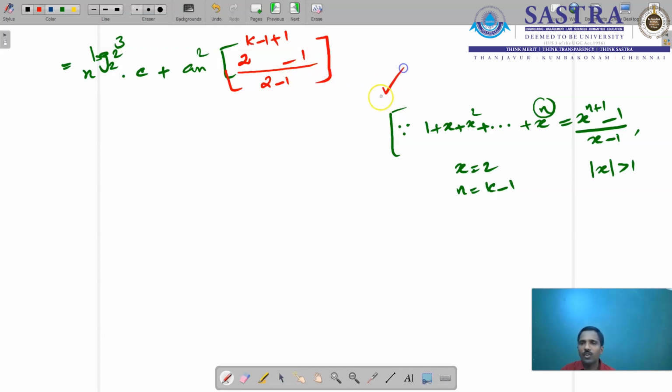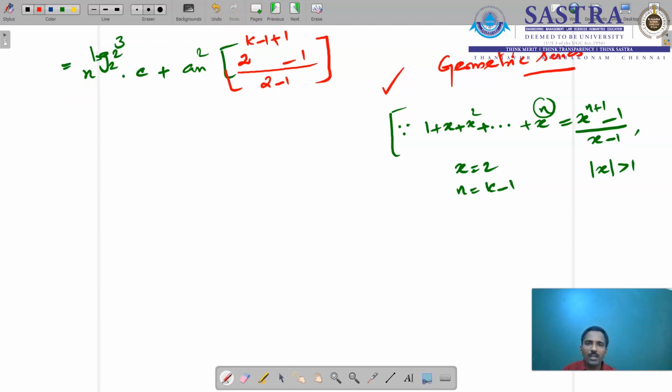Since this geometric series is applied, this is the sum of the first n terms in the geometric series: 1, x square, etc., up to the x power n term.